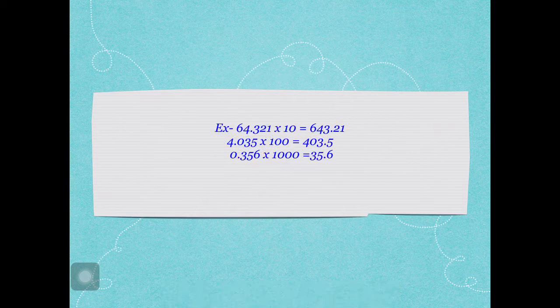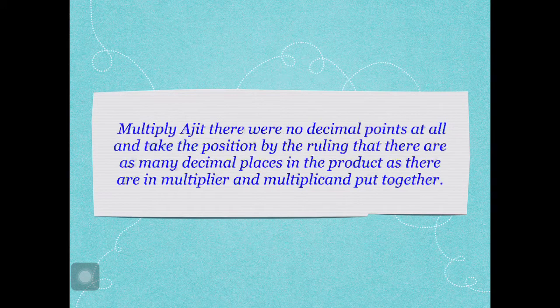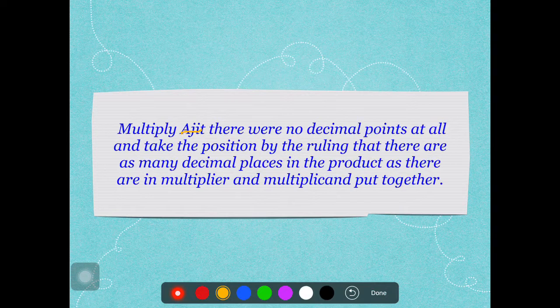Okay, now let us see multiplication of a decimal number by a whole number or a decimal number. To multiply a decimal, you multiply it as if there were no decimal points at all, and fix the position by the rule that there are as many decimal places in the product as there are in the multiplier and multiplicand put together.